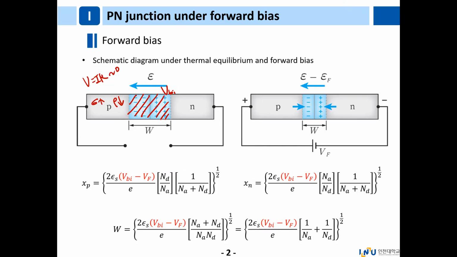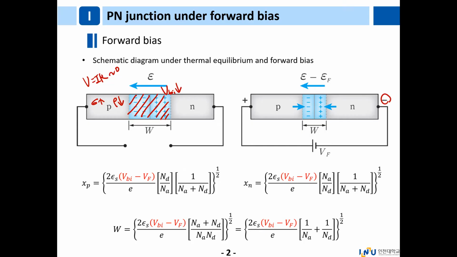Since the electric field induced by the applied voltage has the opposite direction to the electric field caused by the built-in potential, it lowers VBI, right?